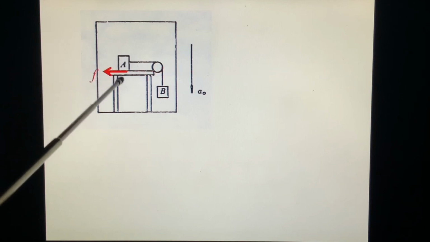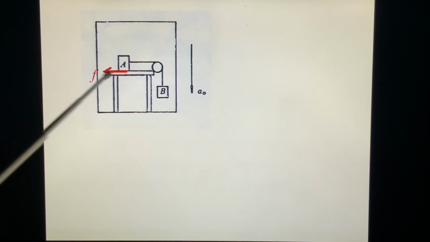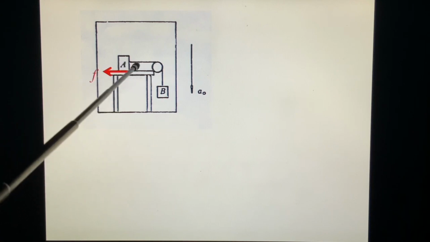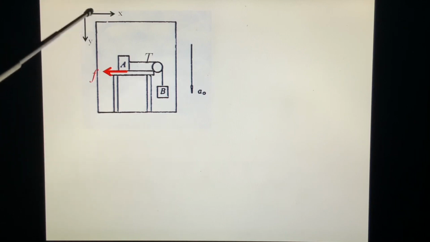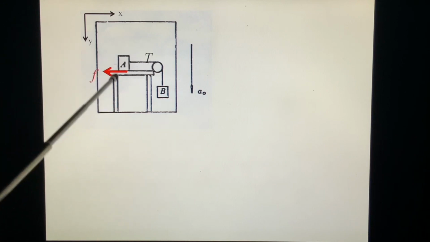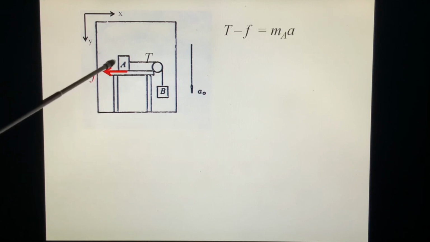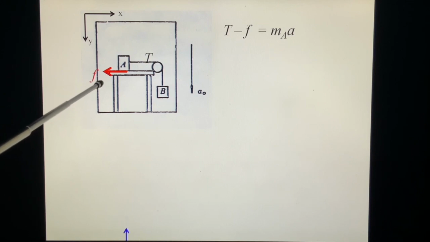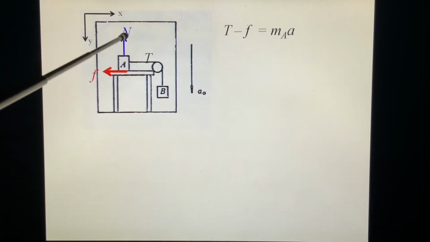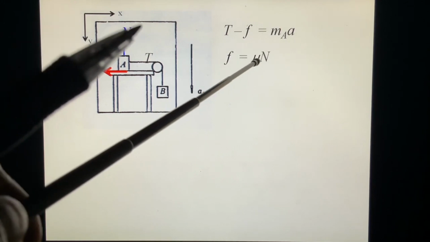Block A suffers friction, which is opposite its movement, and the tension from the rope. We take the reference X positive towards the right, Y towards down. We write T minus f equals m a, where a is the acceleration in the horizontal direction. The friction equals mu N, the normal force.